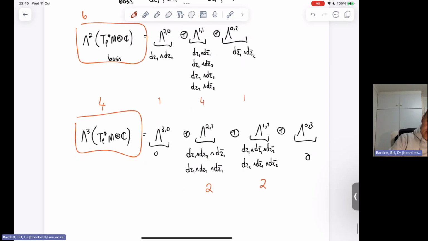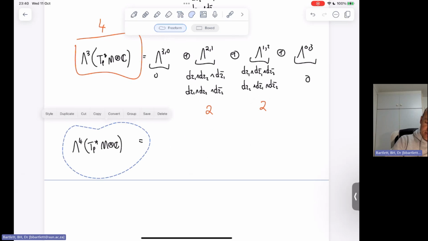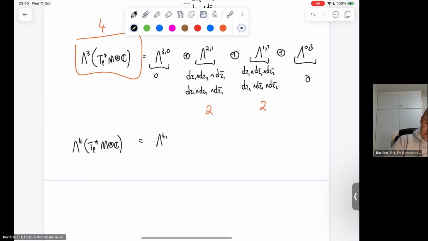And finally, the top exterior power of a 4-dimensional real manifold, which in our case is a 2-dimensional complex manifold. So the top exterior power is the 4th exterior power. And it's going to split up as, well, a bunch of things that are 0. These are all going to be 0.